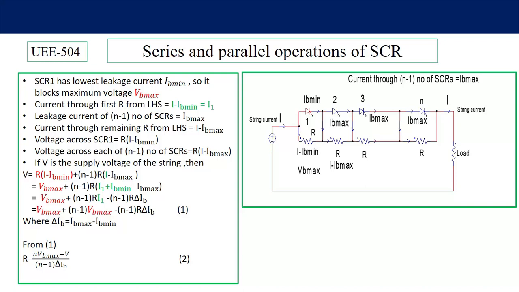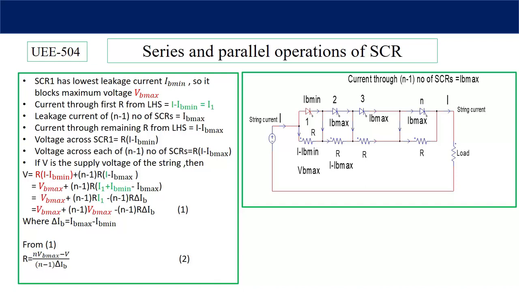Now you can see that the current through the first resistance is considered as I1, and I1 is equal to I minus IB minimum. So in this voltage equation, I can be replaced as I equal to I1 plus IB minimum minus IB maximum.